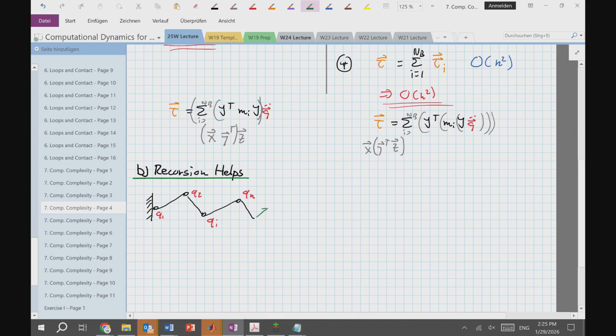And I am interested in computing the acceleration of my end effector. What is the computational complexity of computing the acceleration of the end effector, this xn double dot?